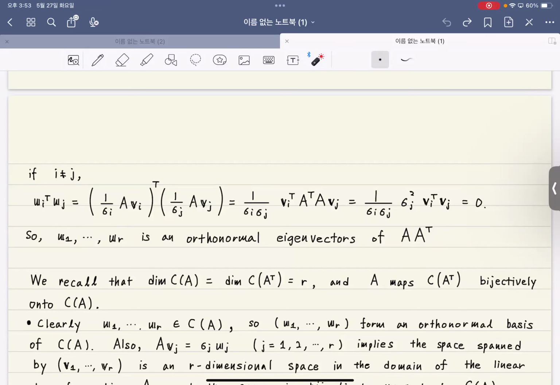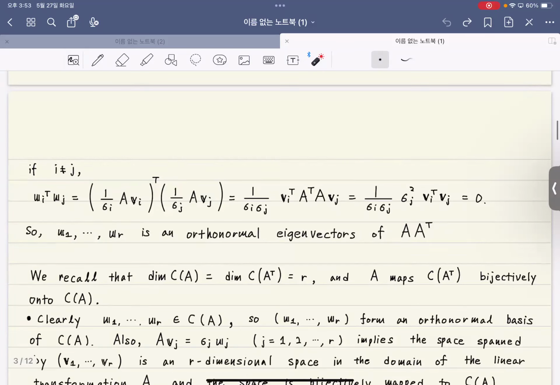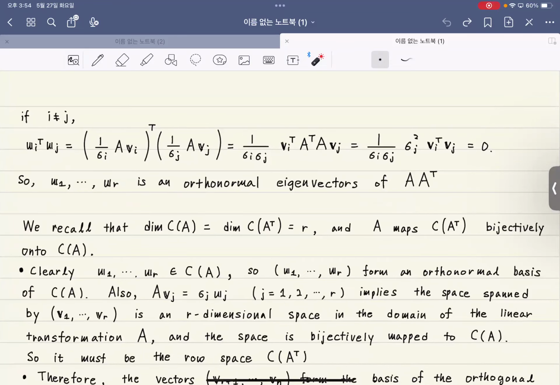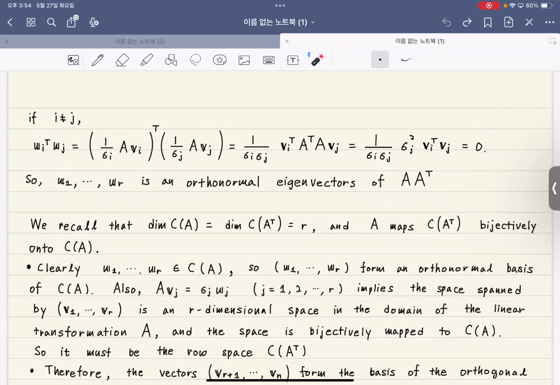Okay. All right. So what is the point of this entire discussion? You might be wondering. These are actually very nice and important basis vectors for the domain and codomain, which I will explain from now on.